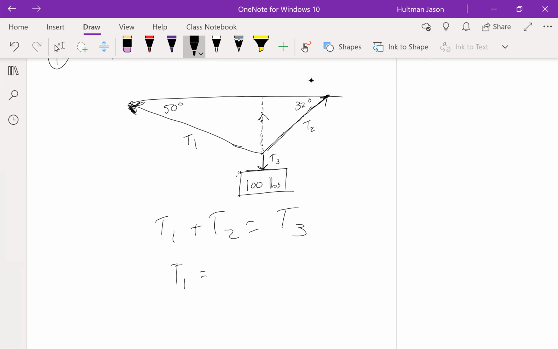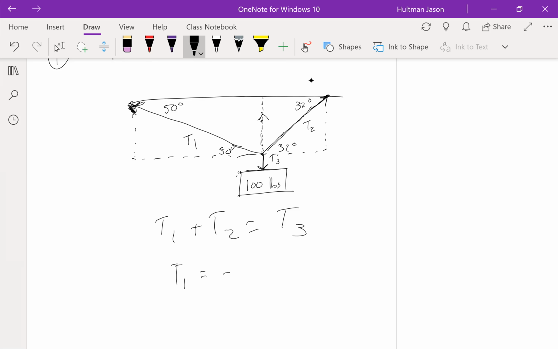and you can verify this if you want by drawing some rectangles here. Because if that's 50, then this is 50. If that's 32, then this is 32.